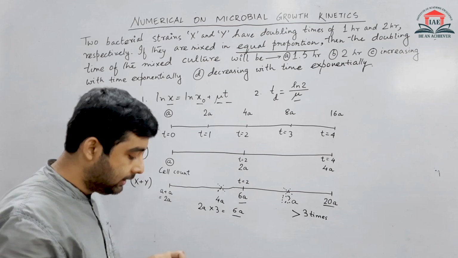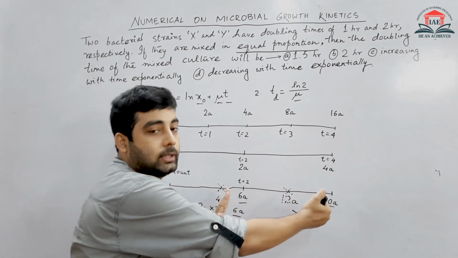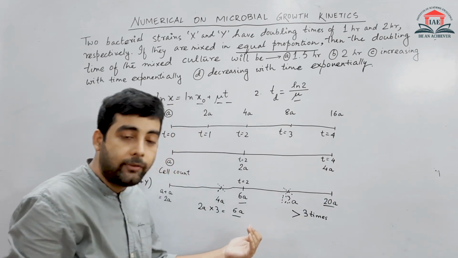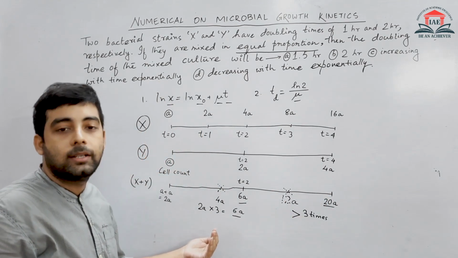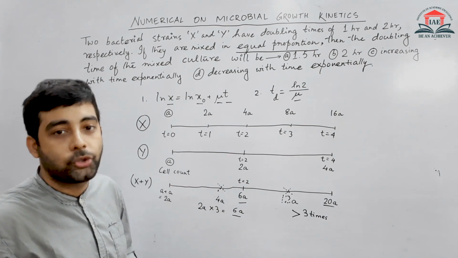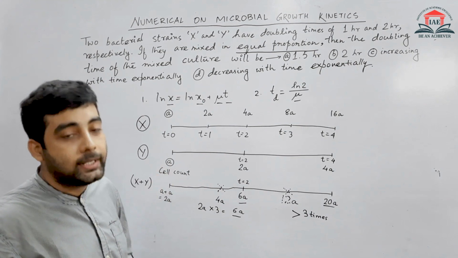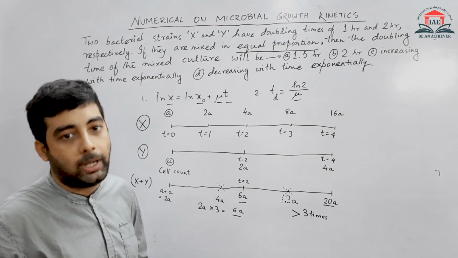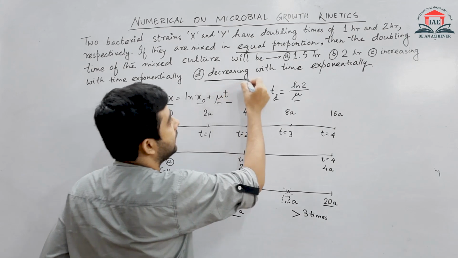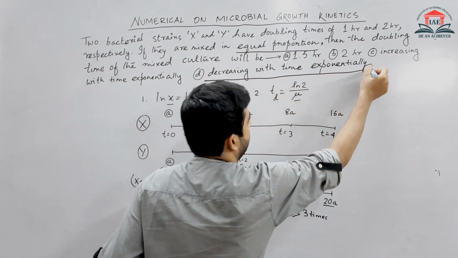That means it is very clear: the more doubling time cycles you consider, the more we see a reduction in the doubling time. So the final answer should be, if you have a mixed consortia, a mixed population of bacteria, the doubling time will be decreasing with time exponentially.